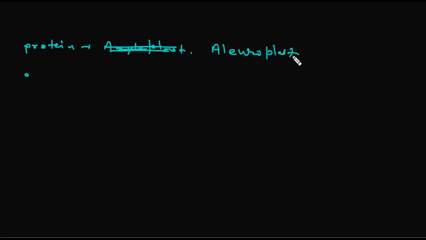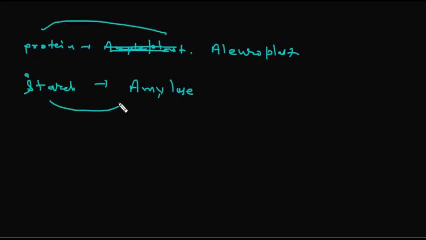Aleuroplast, because amyloplast is basically for the starch. You remember the amylase enzyme. It acts on the starch only, that's why. Aleuro means protein, amylo means starch, and elaio means oil. So for the fats and the oil, it is an elaioplast. Okay.